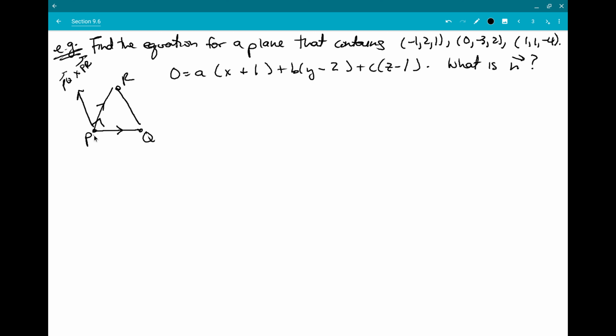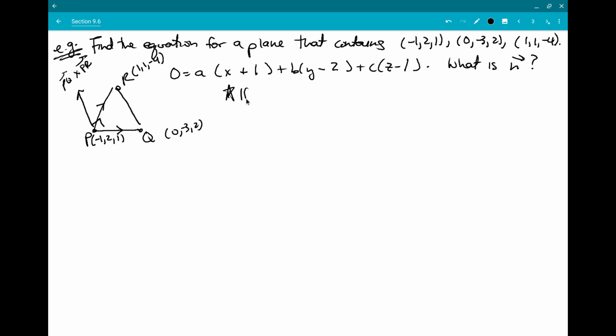If we kind of say that the point P is -1, 2, 1, Q is 0, -3, 2, and R is 1, 1, -4. Again, it's just a property of cross products that if you take the cross product of two vectors, you get a new vector that's orthogonal, perpendicular, normal to both of those original vectors.